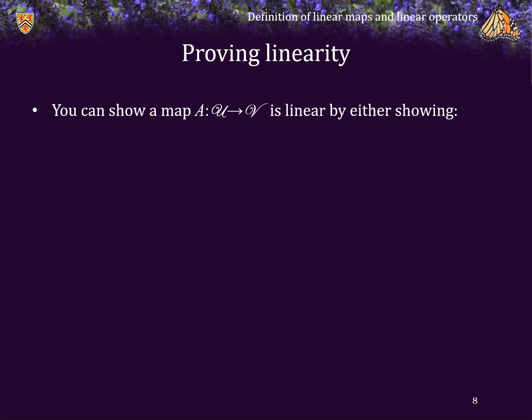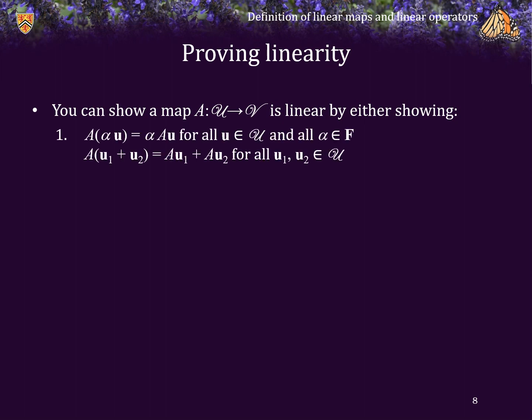Now, you can show that a map A that takes a vector space U and maps it to a vector space V is linear by showing either that, first of all, A applied to alpha u is equal to alpha times A applied to u for all u in the vector space U and for all alpha in the field.